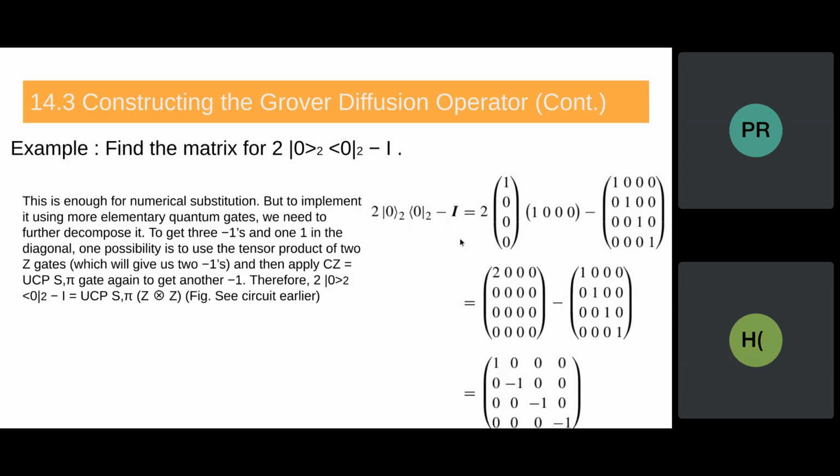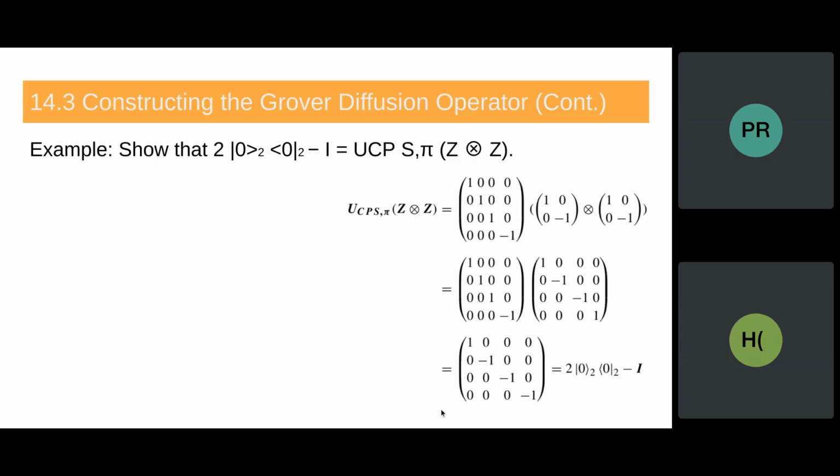If you have 0 2, we have a 1 0 0 row matrix and column matrix, minus the identity matrix. If we do this, we can see what we get. Here you get a 2, and here you get a 1, and when you subtract all this, basically this is our circuit.